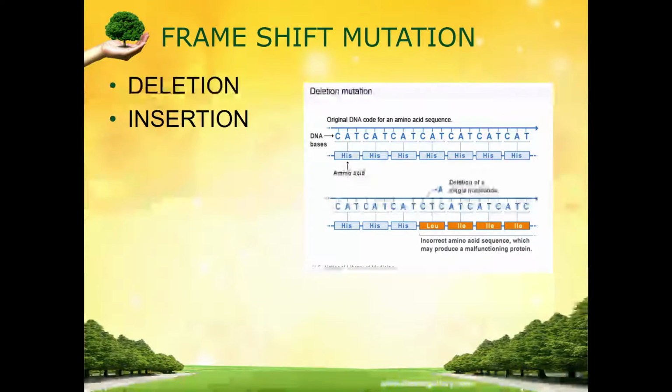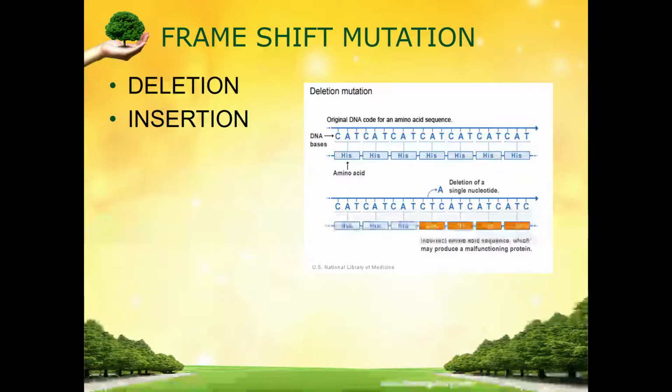In this case, it's the removal of one single nucleotide, for example, that changes all codons. This is the original, the wild type. If you lose one single nucleotide, all these codons are different.